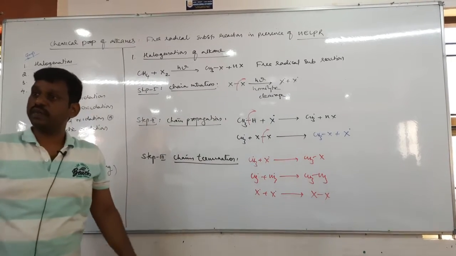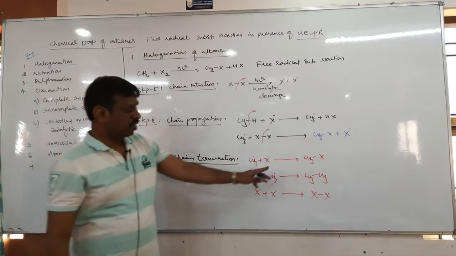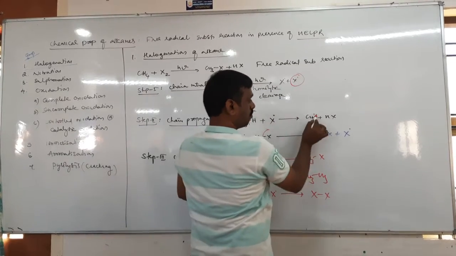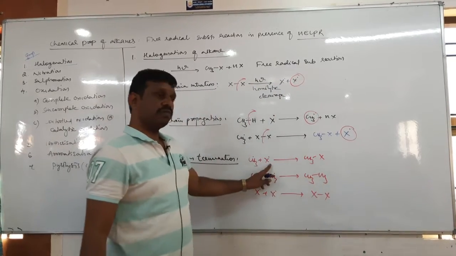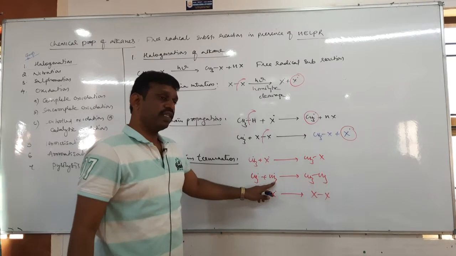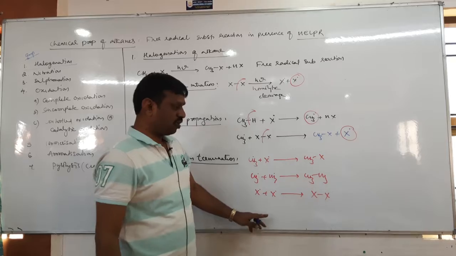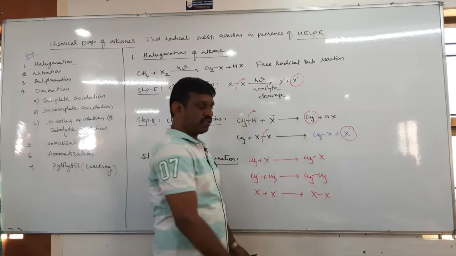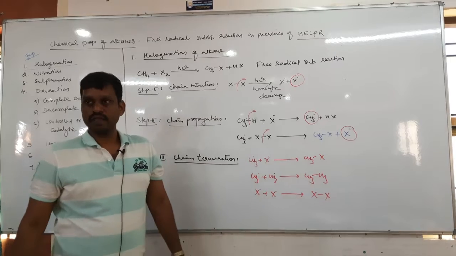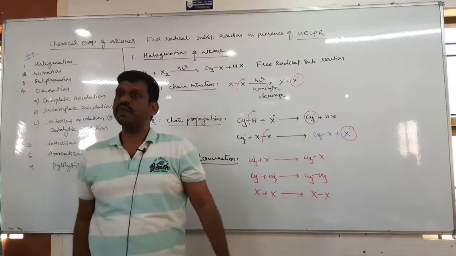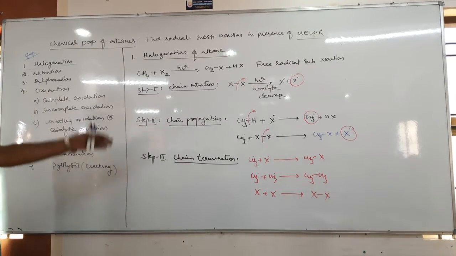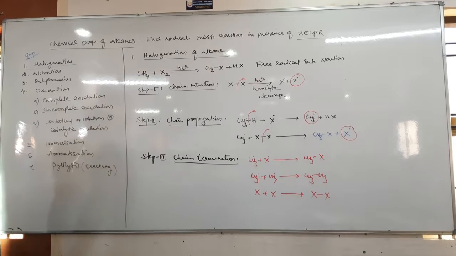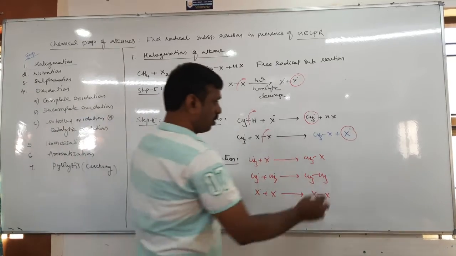So therefore in chain termination all the radicals combine. So what are the 3 possibilities? Methyl and X radical combined, methyl combined, X combined. Therefore if any one of these reactions takes place, the reaction will stop. Okay, that means this is chain termination. Therefore free radical substitution takes place in 3 steps: chain initiation, chain propagation, chain termination. Okay, next.